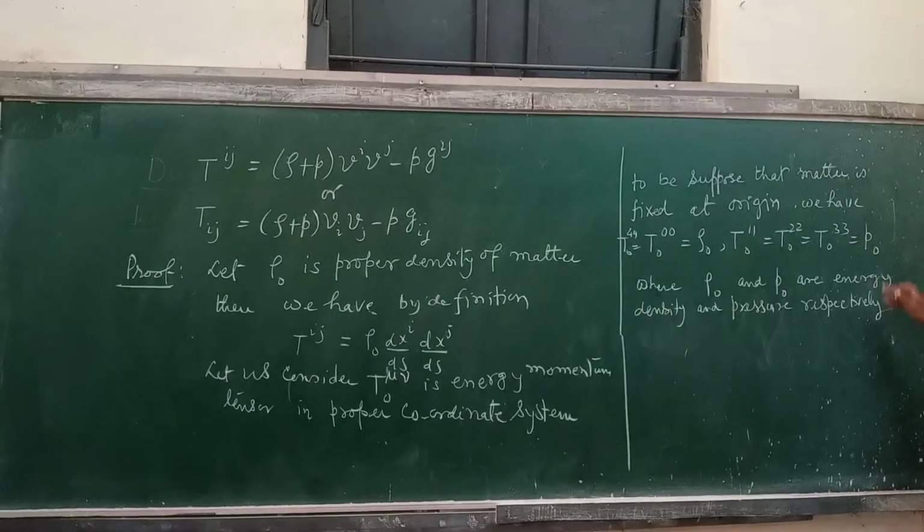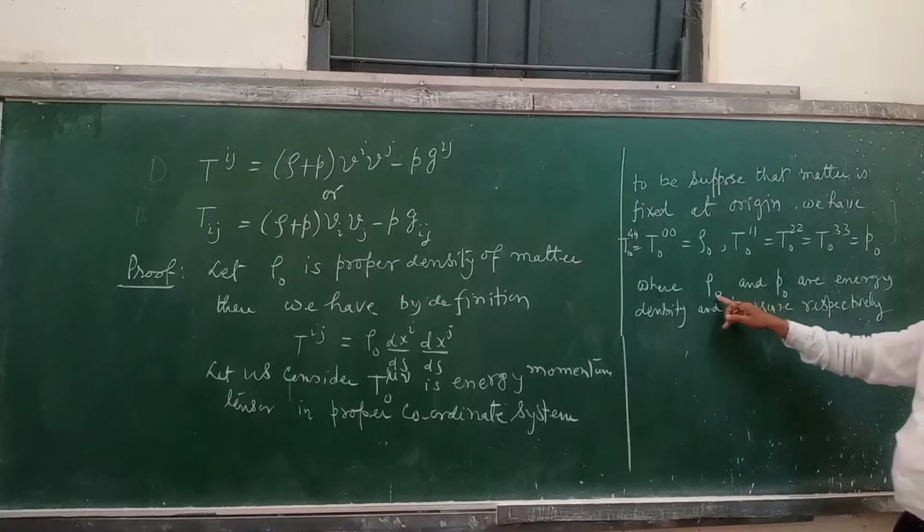P0 is pressure and rho 0 is energy density.